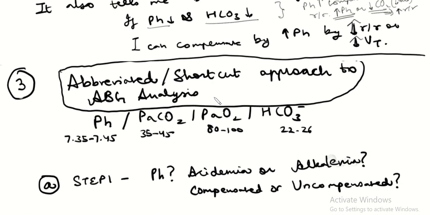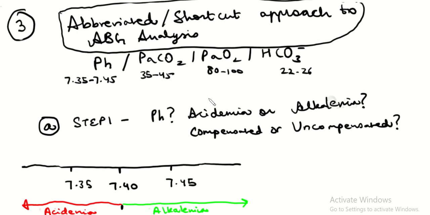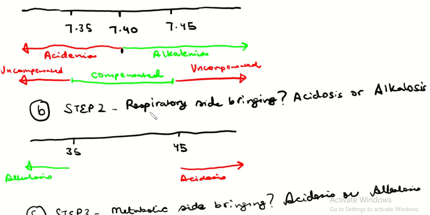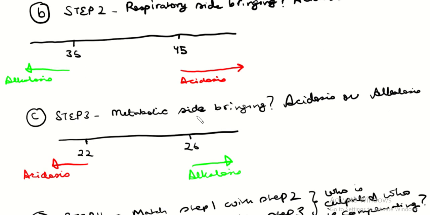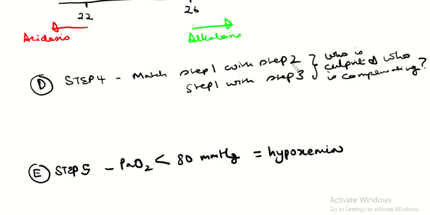And then we did the abbreviated shortcut approach to arterial blood gas analysis. Step 1, pH: is it compensated, and is it acidemic or alkalemic? Step 2, the respiratory side is bringing acidosis or alkalosis. Step 3, the metabolic side is bringing acidosis or alkalosis. Step 4, match step 1 with step 2 and step 1 with step 3.